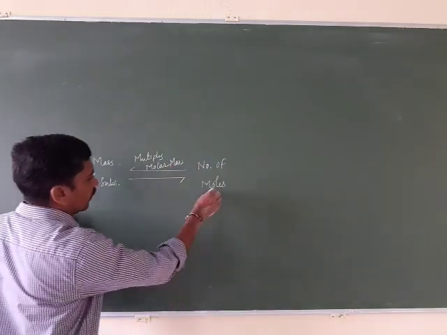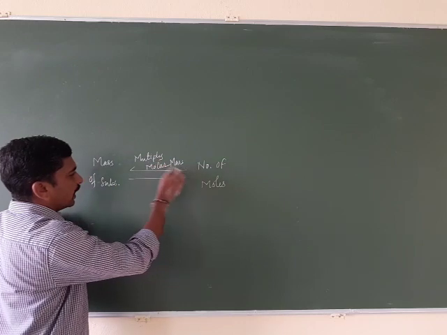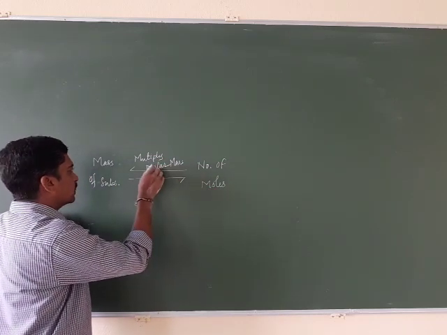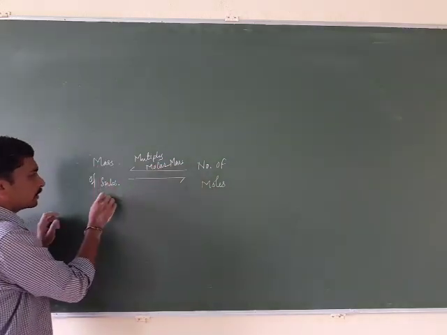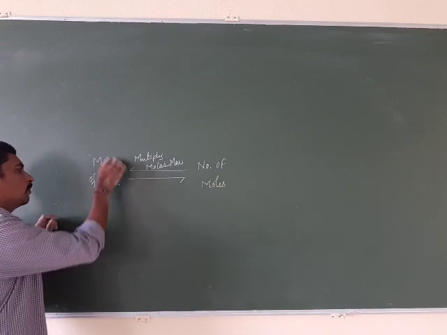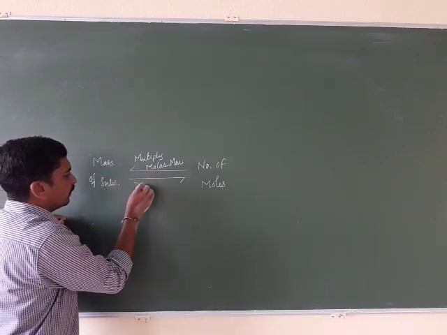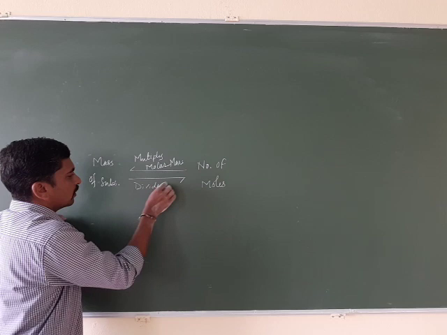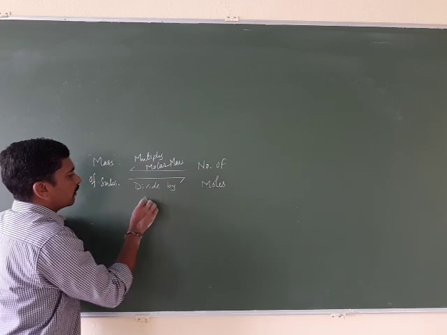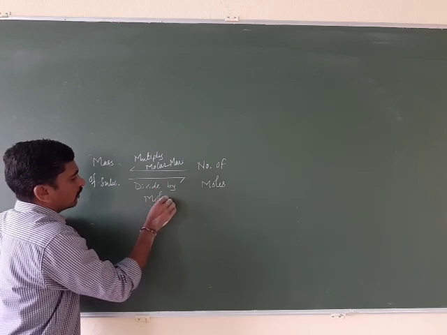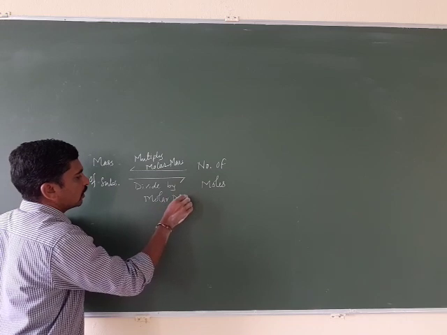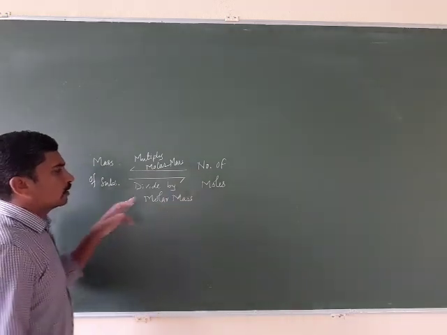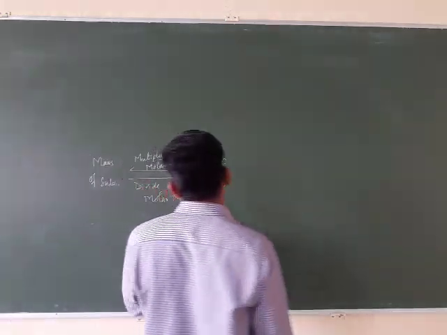So whenever you have a number of moles, multiply that number of moles with molar mass, you will get the mass of the substance. If you have the mass of a substance, then divide by molar mass, you will get the number of moles.